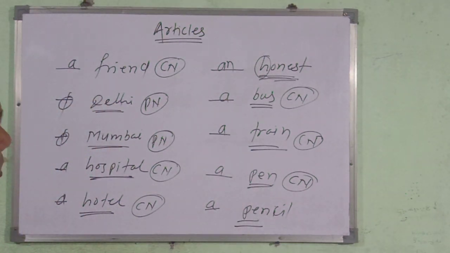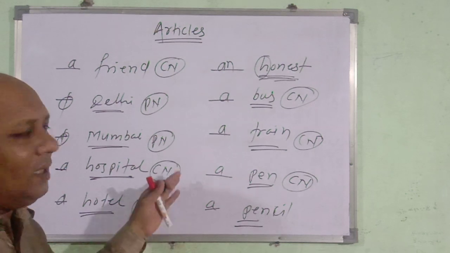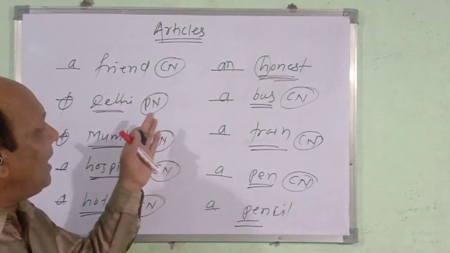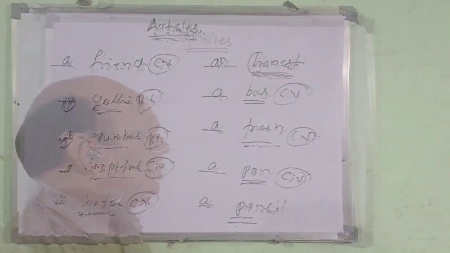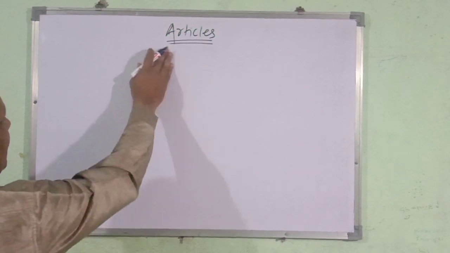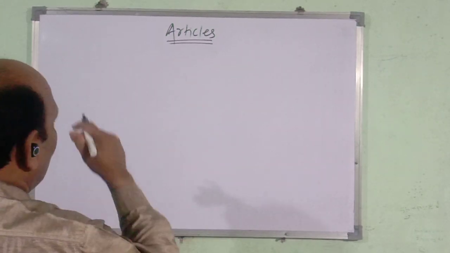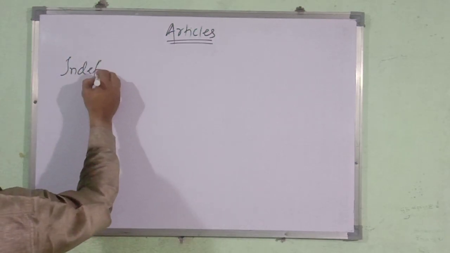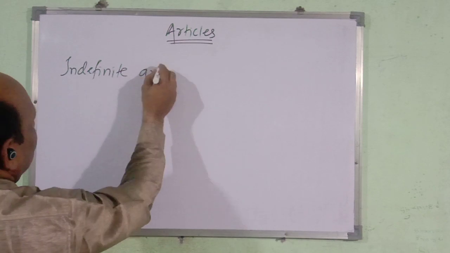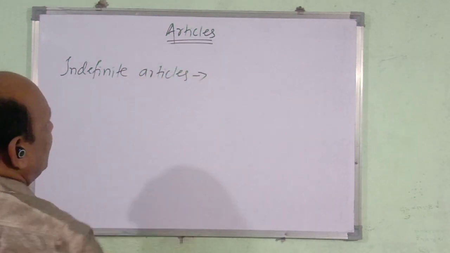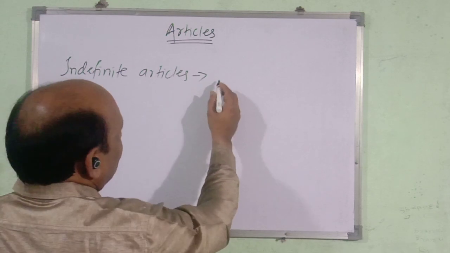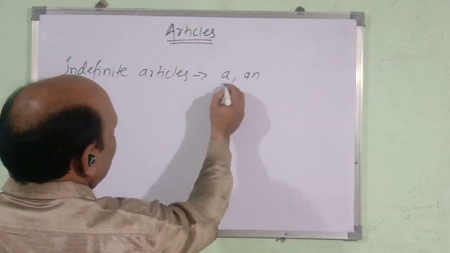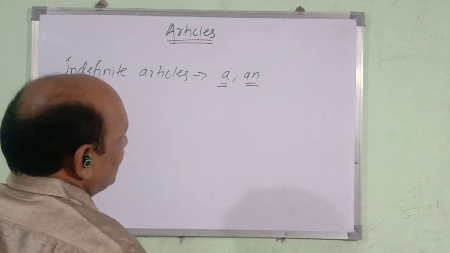Okay, getting or not? This is how to use a and an with the common noun and the proper noun. The remaining part of the articles we will see afterwards. So dear students, how to identify the use of the articles? When you are talking about the indefinite articles, there are two types: first one is a and second one is an.